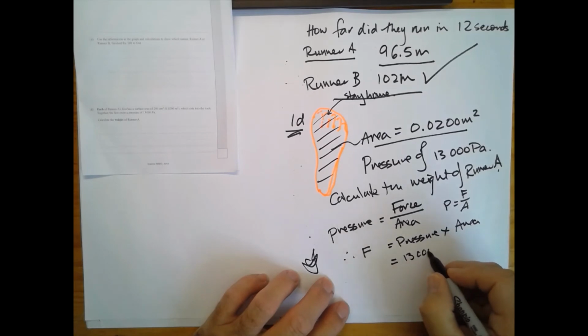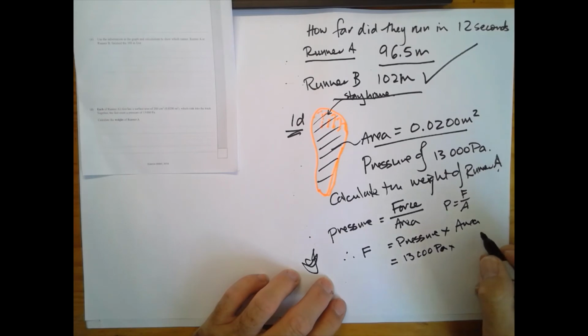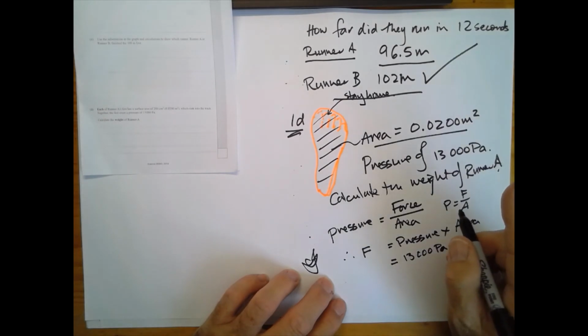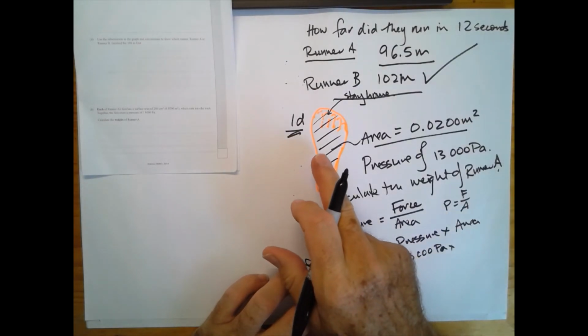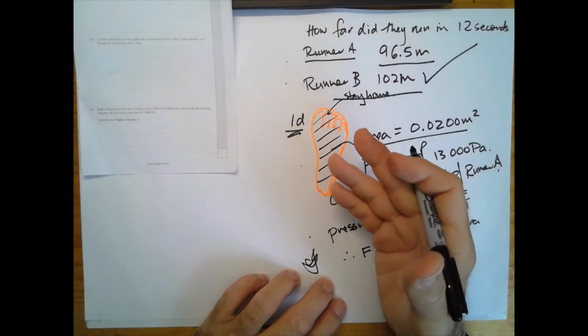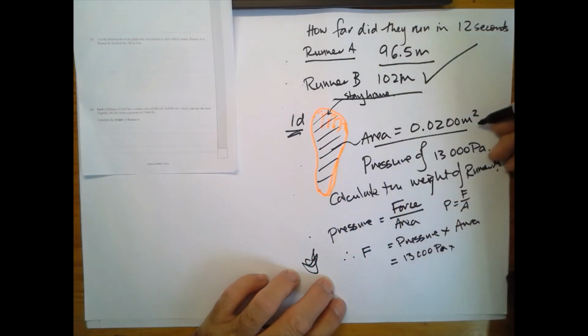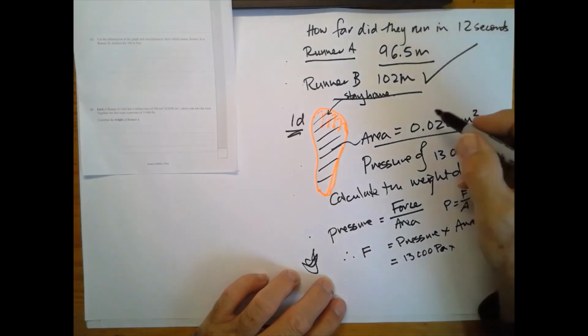13,000 pascals, and the area is tricky because this is the area of 1 foot, but normally our athletes will have 2 feet. So if this is the area of 1 foot, the area of 2 feet has got to be double.